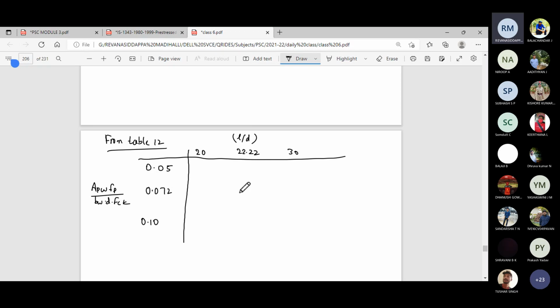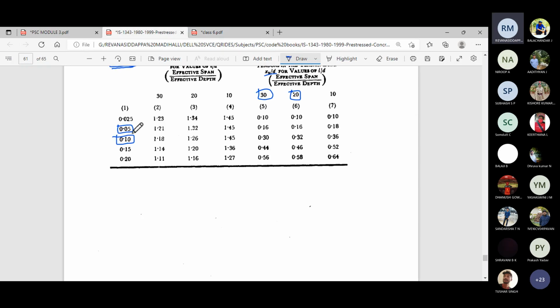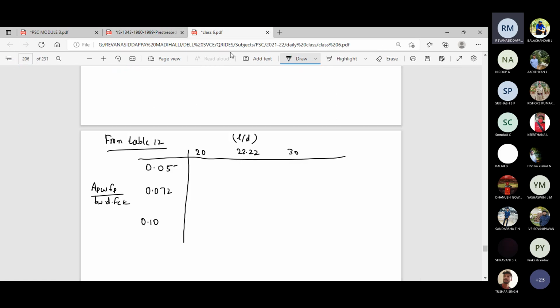Now at 0.05, when L by D ratio is equal to 20, the value of XU by D is 0.16. And when L by D ratio is equal to 30, it is 0.16. Let me write the values here.